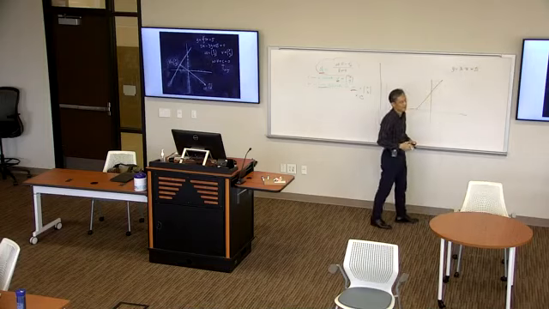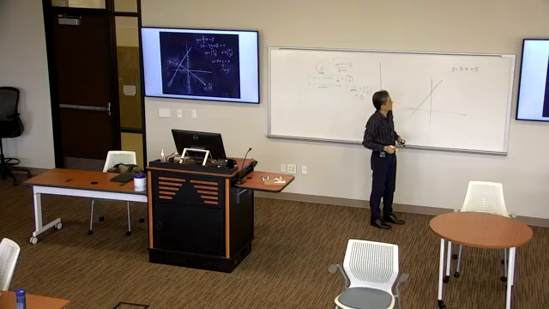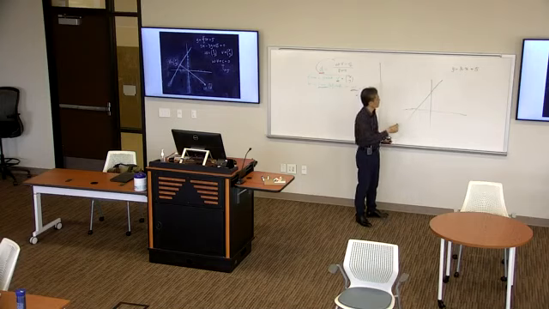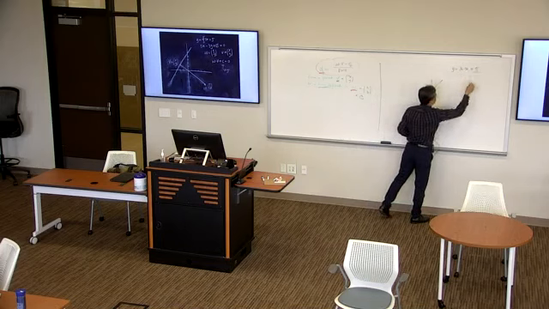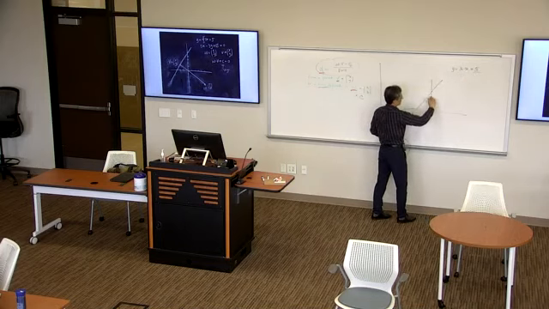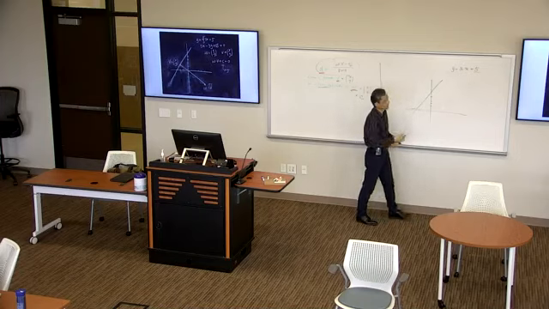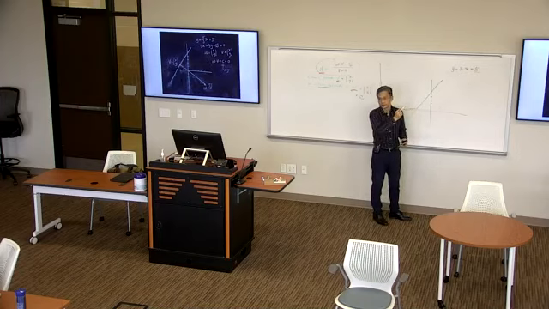The constant here is 5. So we know this intercept, 5. Alpha is the slope.